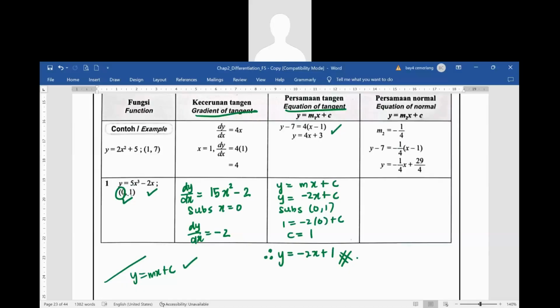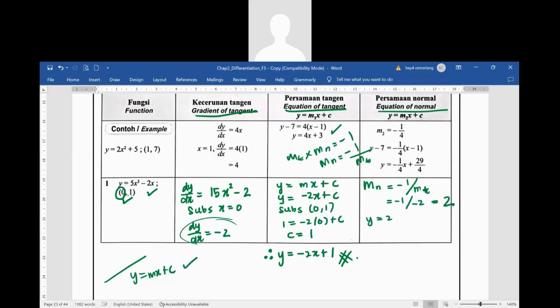Okay, and then you want to find the normal, so you need to find the equation of the normal. Find the gradient of the normal first. We know that the gradient of tangent multiplied by the gradient of normal equals -1, right? So the gradient of normal is always -1 over the gradient of tangent. What is your gradient of tangent? Here it is -2, so the answer is 1/2.